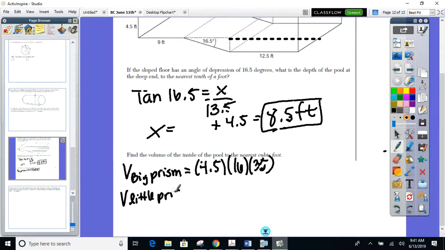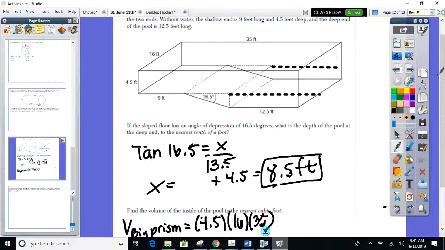But can anybody tell me the 3 dimensions of the little one that I made there, based on what you already know? 12.5 by 16 by, I just found this part already. 3.5? 12.5 by 16 by about 4.